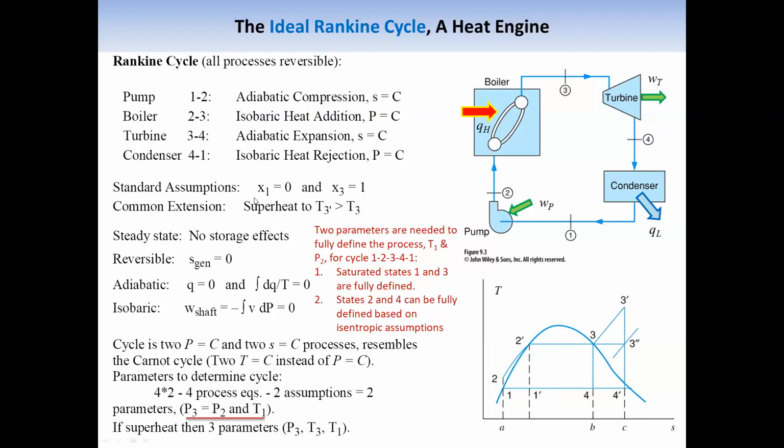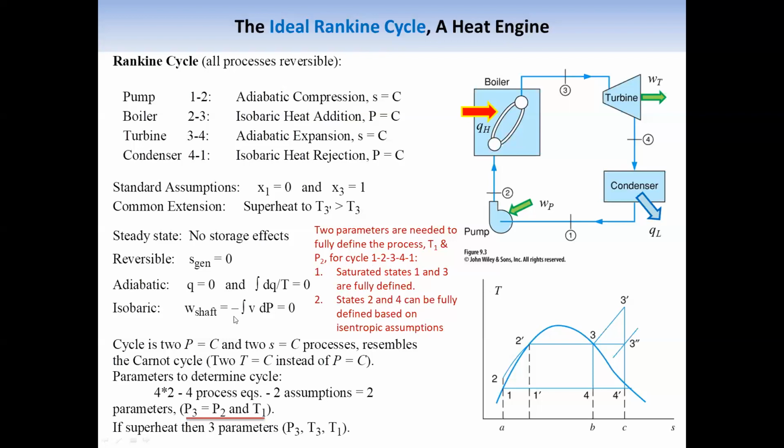So we can say x1 equals 0, x3 equals 1. If we let the steam absorb more heat so that it reaches superheated conditions, then the temperature will rise further, along the constant pressure line.